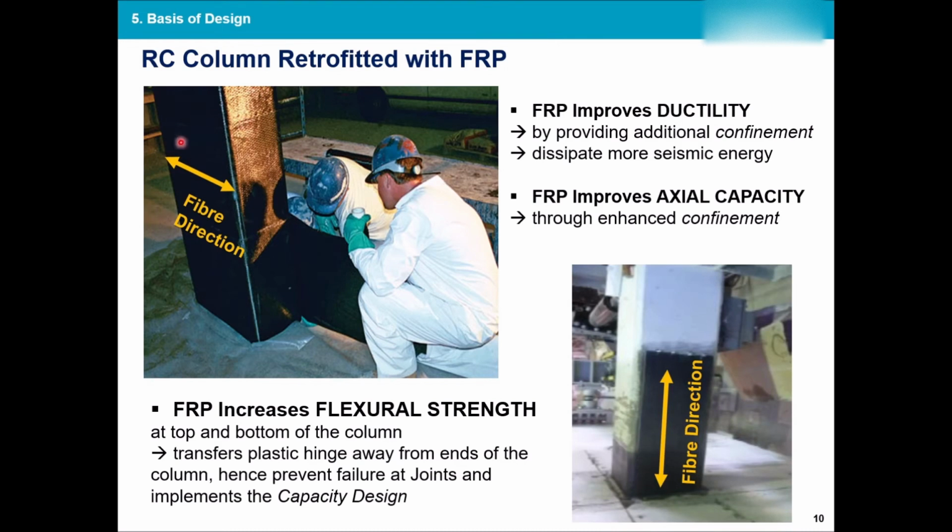When the fibers are in this direction, where they hug the column and go around the cross section, they're acting as the shear reinforcement, the ties, the struts, or the transverse reinforcement. So they're increasing the confinement, and as a result the ductility and the axial capacity will increase.